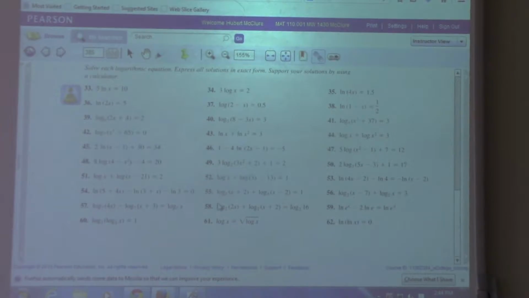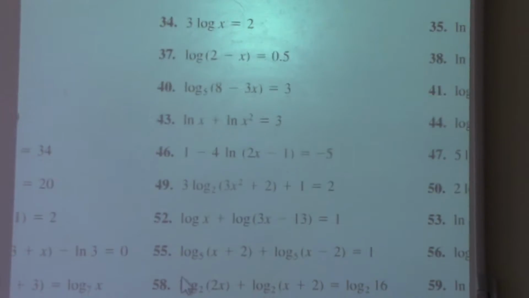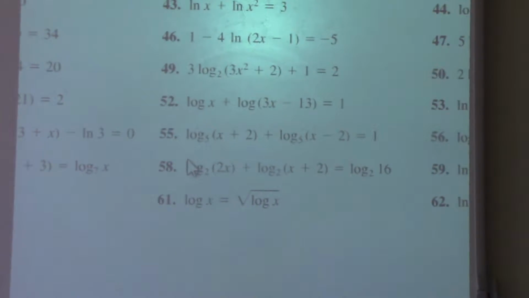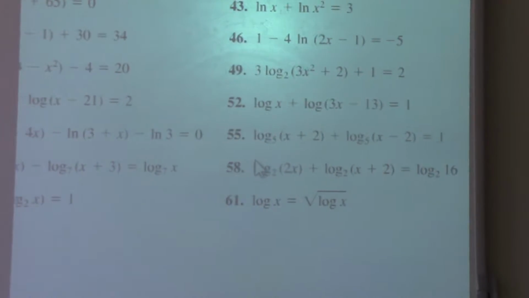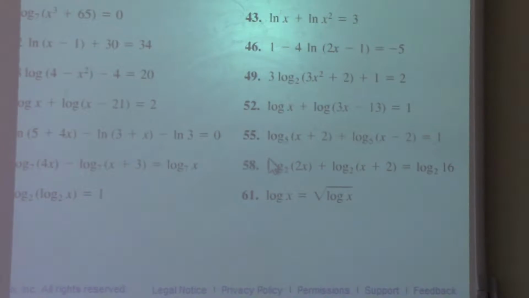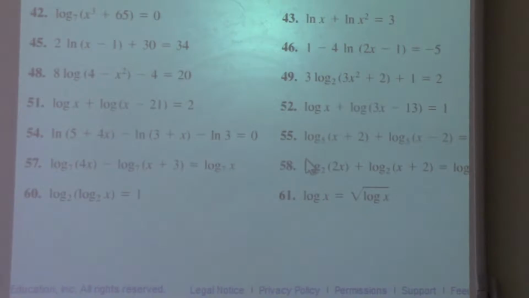I'll blow it up for you. Just for memory purposes, let's do two of them, and then we'll move forward. 55 and 57.